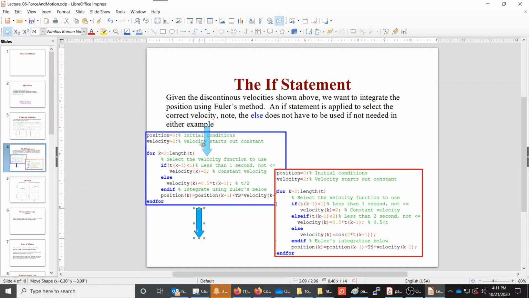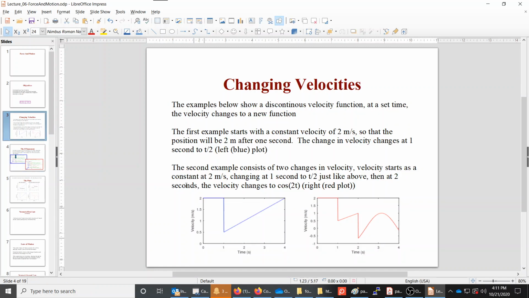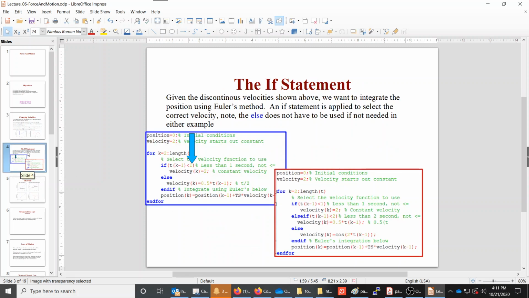Now, this was for the blue velocity where we only had the one change that occurred at 1 second. So let's go back and look at that plot here. This was that plot for the first example on the left-hand side here in the blue, and we only had the velocity do the major change at that one time of 1 second.